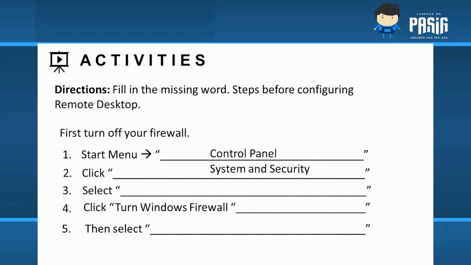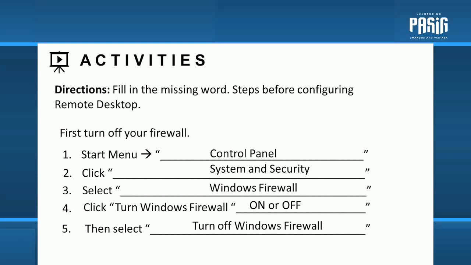Click System and Security. Number 3. Select Windows Firewall. Number 4. Click Turn Windows Firewall on or off. Number 5. Then select Turn off Windows Firewall.